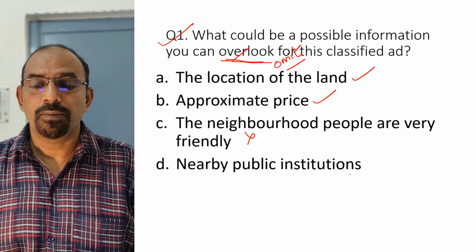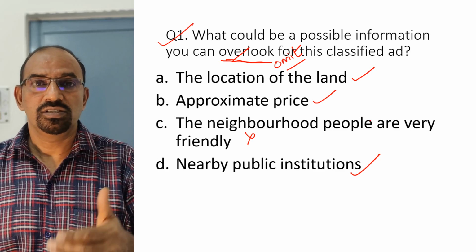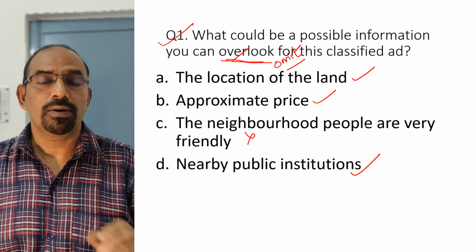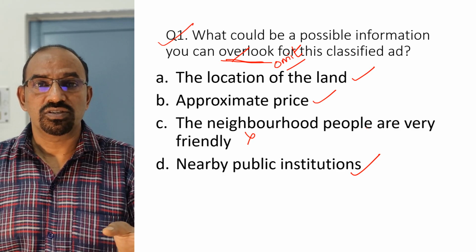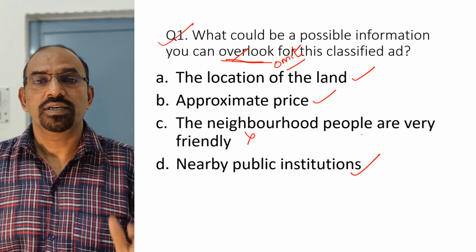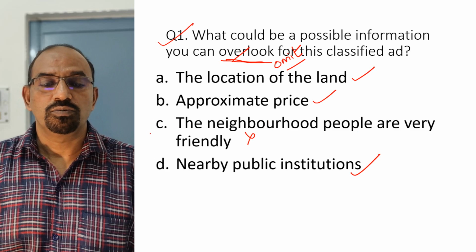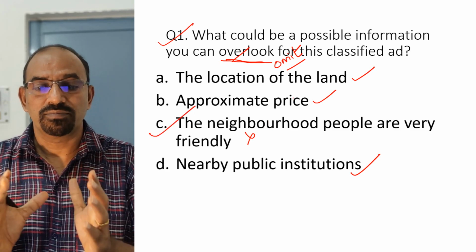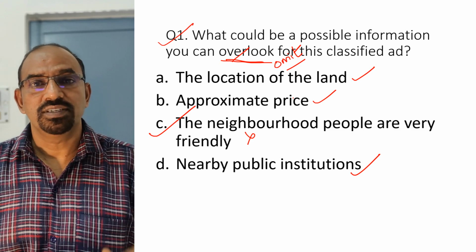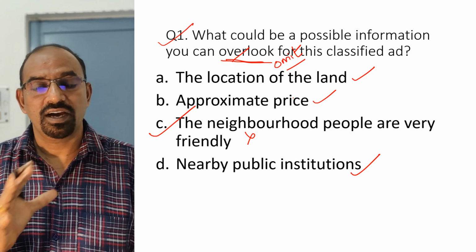Next, nearby public institutions. Yes, this is also very essential. Nearby public institutions like hospitals, schools, railway station, airport, that you can give. So the right option here is C. That is, we can overlook, we can omit, we can avoid this information.